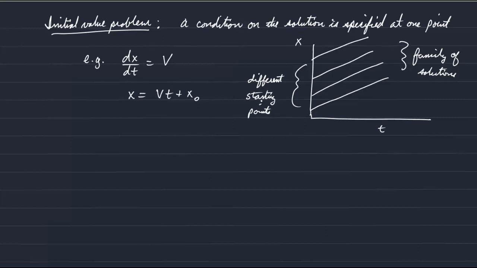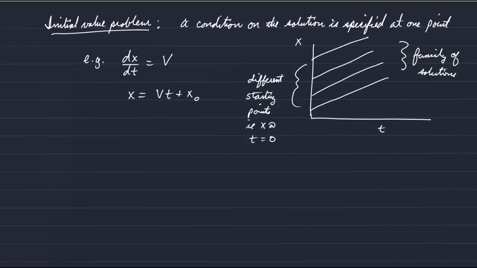An initial value problem, in this case, specified the position at t equal to 0. So an initial value problem would specify x at t equals 0, or at any other time, just so long as it's specified at a single point.